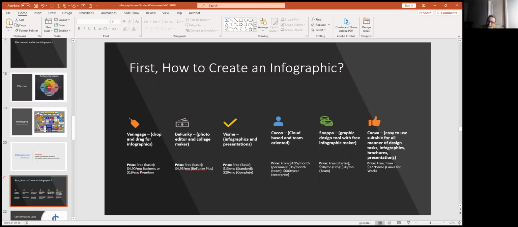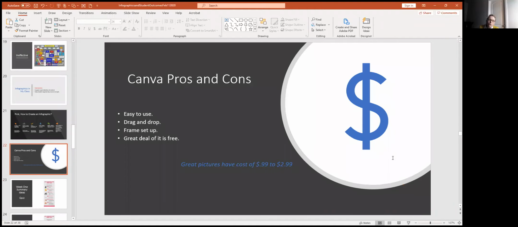And I'll talk a little bit more about that. Canva is free for the basics. And just like PowerPoint gives you a slide where you can type your text in, Canva gives you a slide, but the infographic with Canva is going to be taller than it is wide. The width is short, the length is long, very similar to a PowerPoint, and you can type in your text.